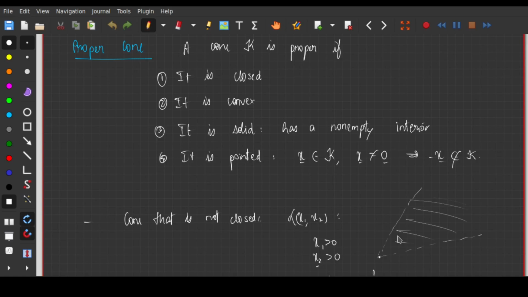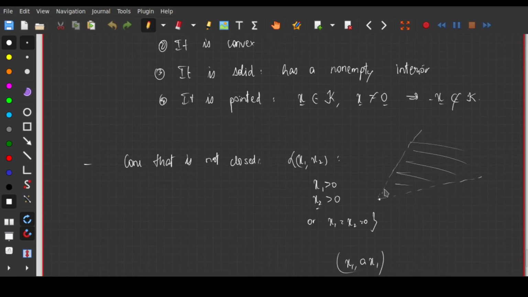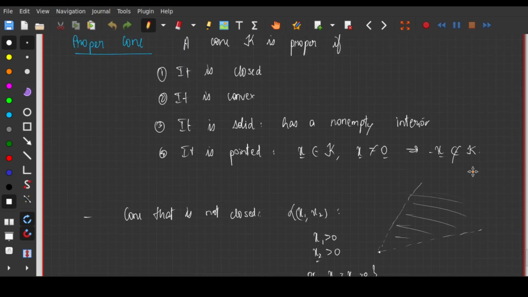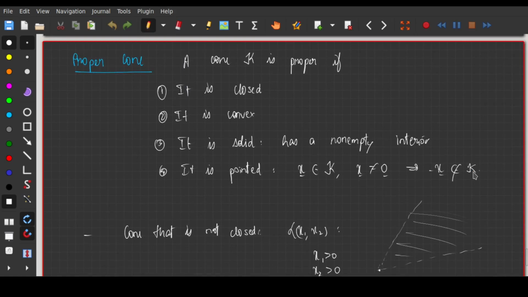If you try to visualize it in 2 or 3 dimensions, the term itself implies what we want. It essentially is pointed, so it looks like a cone, the standard notion of cone. But if you look at a general cone, then it need not be pointed. For example, any straight line passing through the origin is a cone, but it's not pointed.